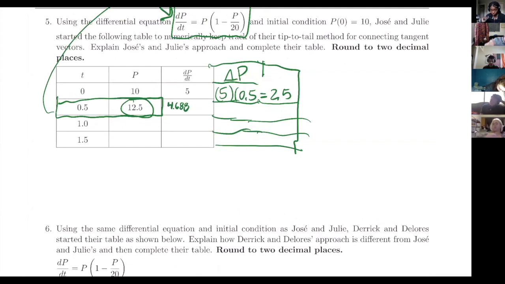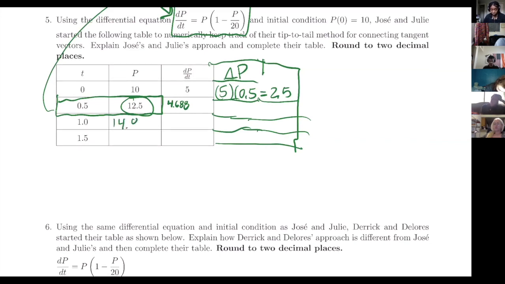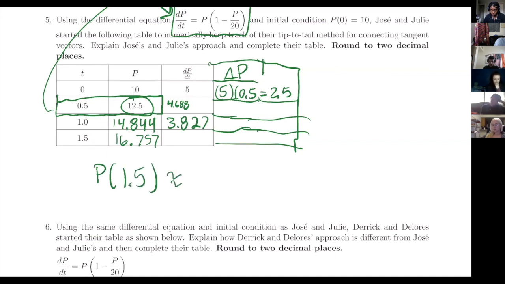Then we would use that information to calculate the change in P by scaling that in half and then add that to 12.5. That gives us approximately 14.844. Calculate the slope again, and that should come out to about 3.827. Then we calculate our value for P using that rate of change, and then we've got our estimate over here. We actually don't care about the slope at that point because that's where the process stops.